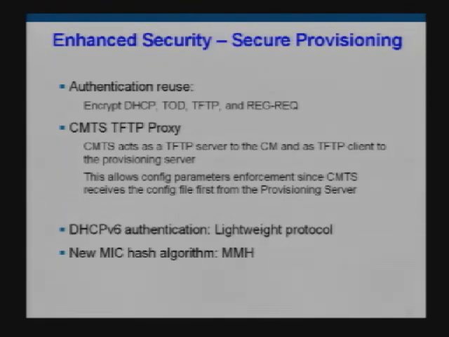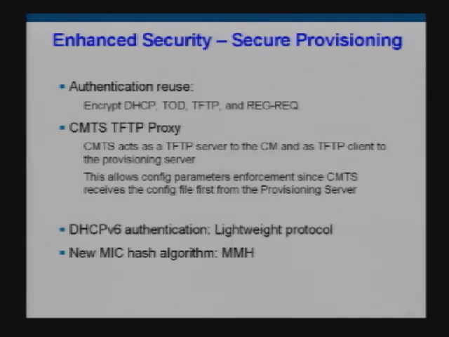During the DOCSIS file download phase, you have the option to define CMTS as a TFTP proxy, so that instead of the cable modem directly downloading the CM file from the server, the CMTS will intercept that. First, the CMTS will download from the server, and the cable modem will have to download it from the CMTS, which acts as a TFTP proxy.